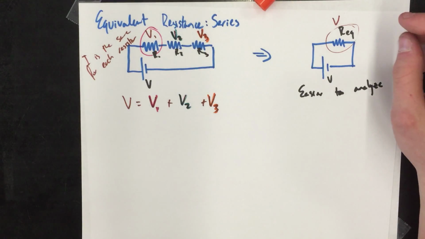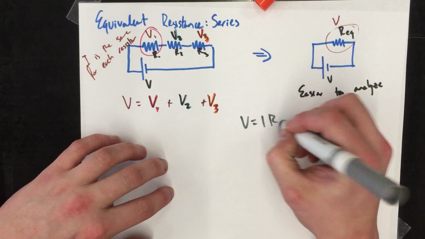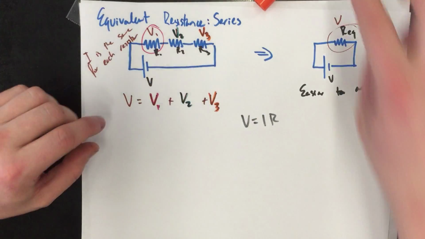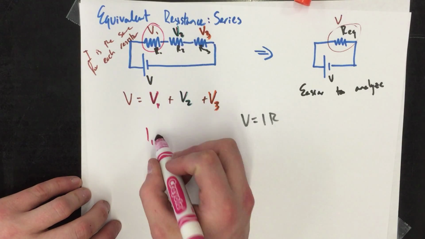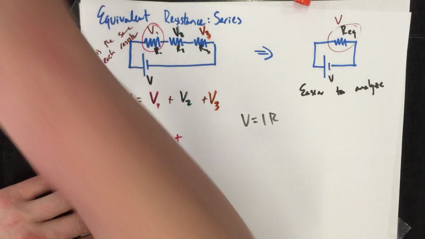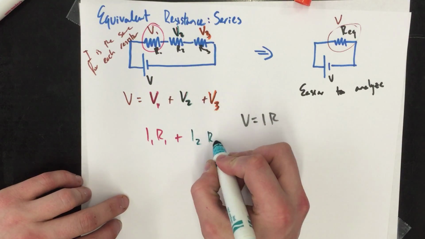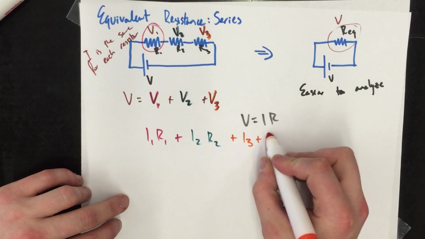So let's use Ohm's law, why don't we? Remember that Ohm's law is V equals IR. So plugging this in for every term, I get I1 times R1 plus, for V2, I2 times R2, and for 3, I3 times R3.